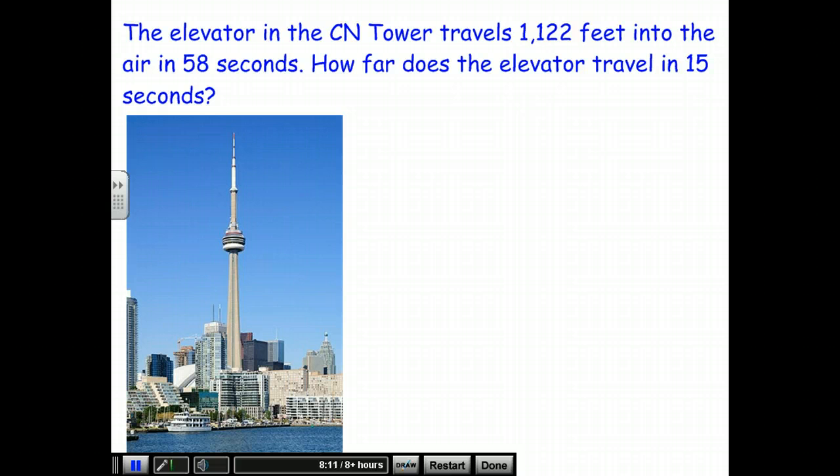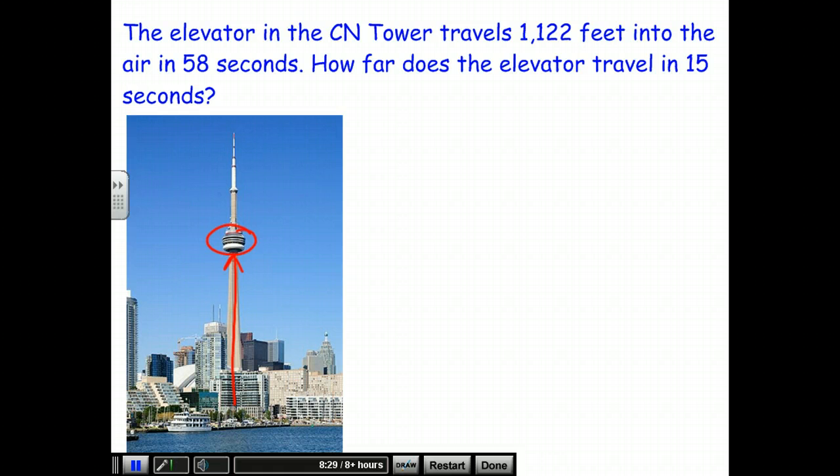So the elevator in the CN Tower travels 1,122 feet into the air from the ground up to the observation decks in 58 seconds. Now we're not going to solve this proportion, but I want to know how far the elevator travels in 15 seconds.